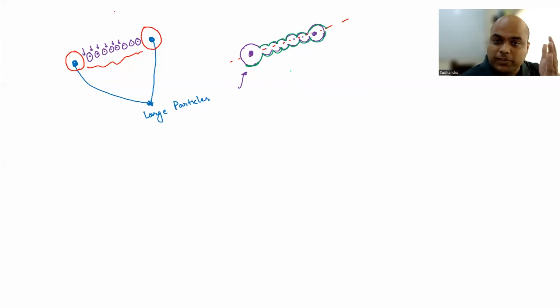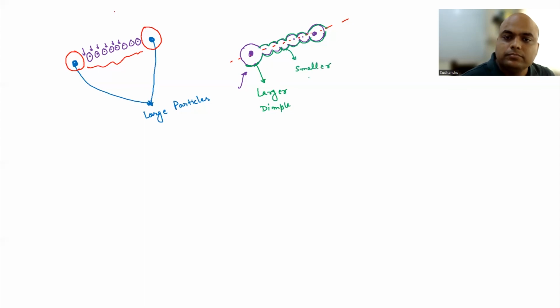Okay. Now there are two sizes of dimples here. I'm assuming that they are from a bimodal distribution of particle size. Okay. So this one is a larger dimple, and these are your smaller dimples. So smaller particles are related with the smaller ones because they are very near. So as soon as they grow, they coalesce, right? So they don't have much space to grow.